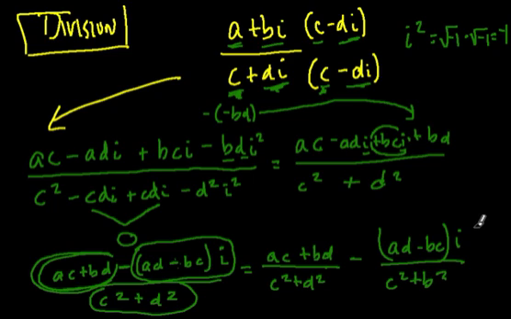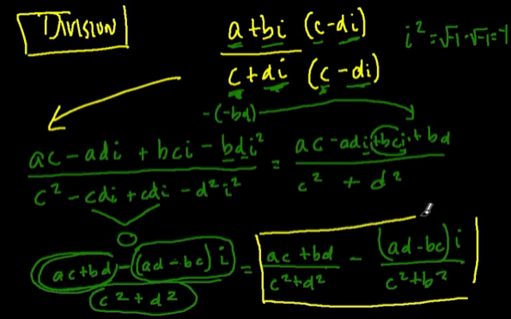And one important thing that jumps out at me is that, look, we divided, and no matter what we did, we were able to get another complex number. So dividing by complex numbers won't get us out of the complex group. Right? We're still going to end up with a complex number.